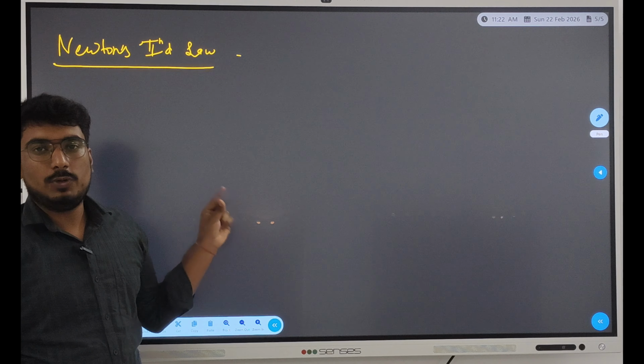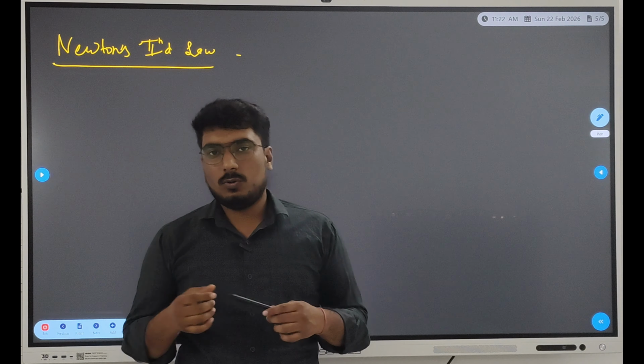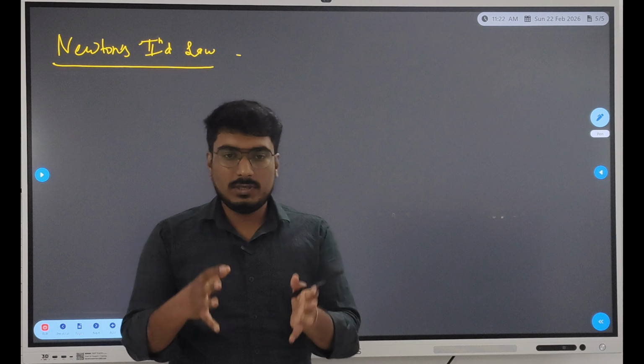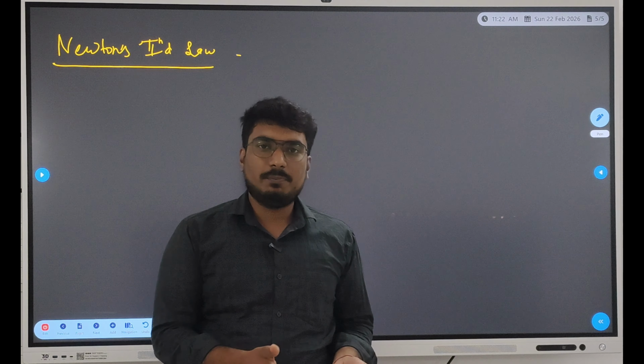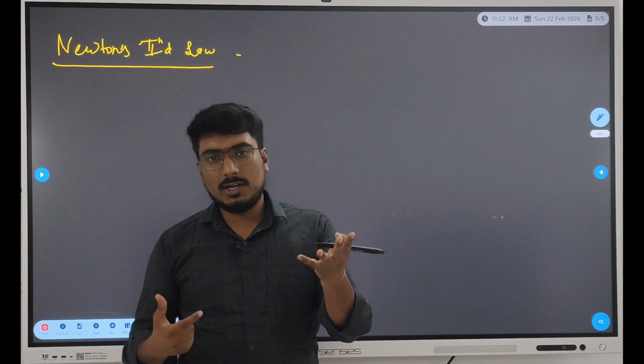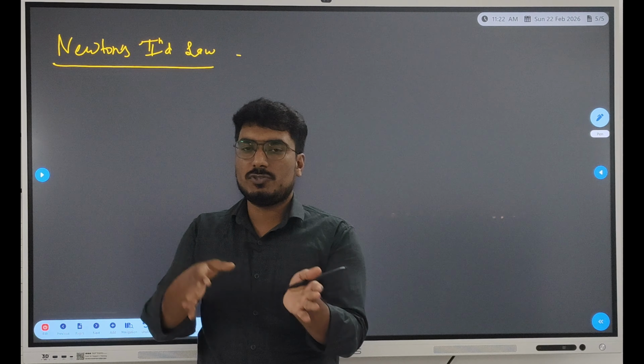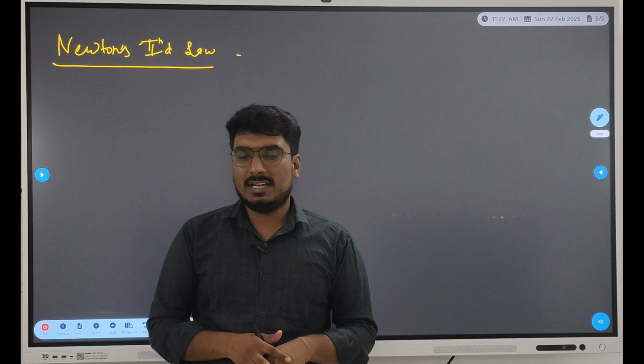So now we have Newton's second law. According to Newton's second law, on a body, if it is moving, let's say with velocity v, after some time the velocity is increased or decreased, the rate of change in momentum will be directly proportional to the force. The definition is like that.